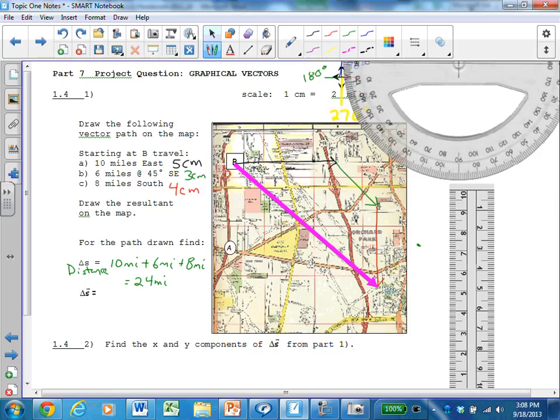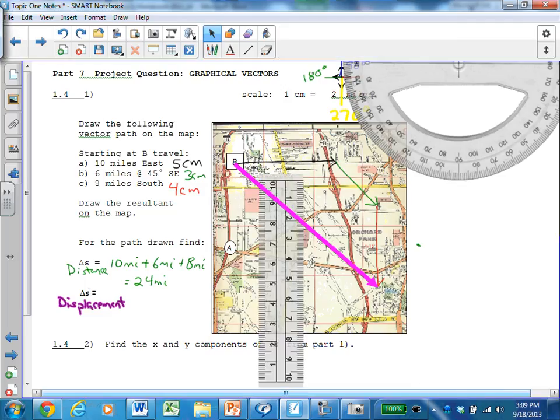Now, to get delta S with an arrow, displacement, what do I have to do? I have to measure the resultant. So I take my ruler and measure the arrow.